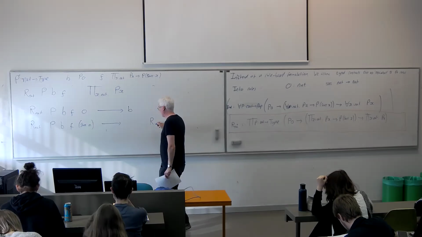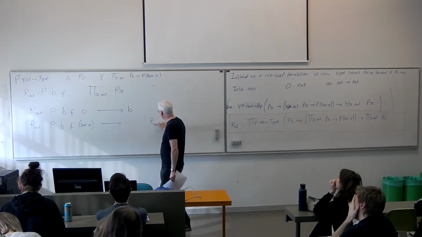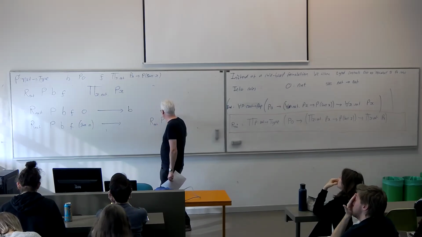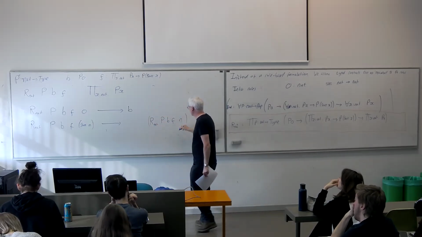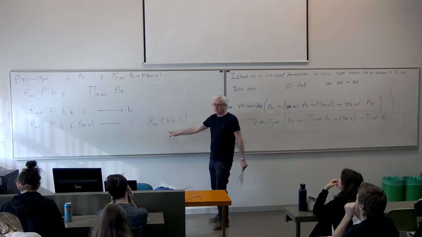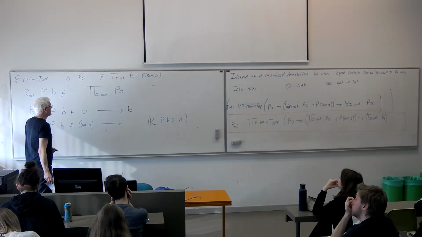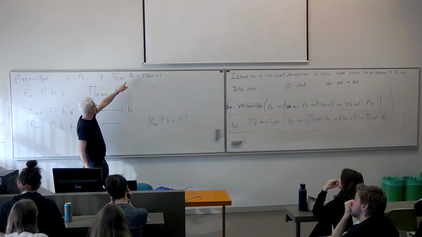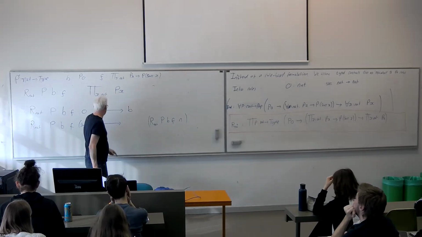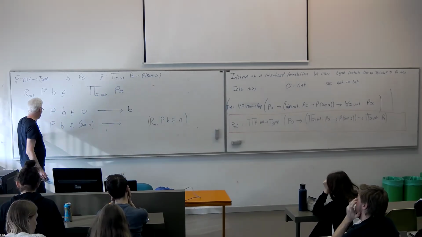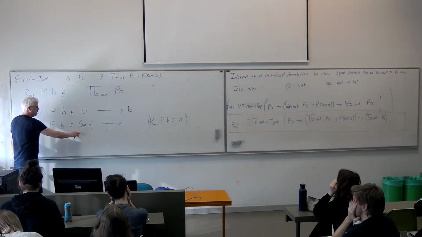So if we recursively compute the recursor for natural numbers on the same P, b, on the same data, but for the number n, this gives us an element of the type P of n. And with an element of type P of n, we can apply the function f to it to get an element of the type P of successor of n, which is what we need. This needs to be an element of the type P of successor of n.